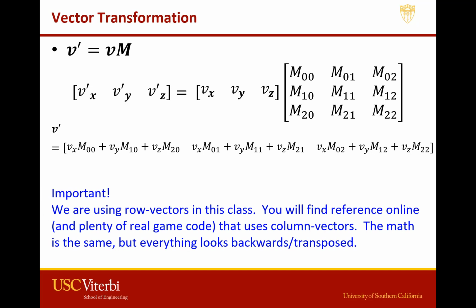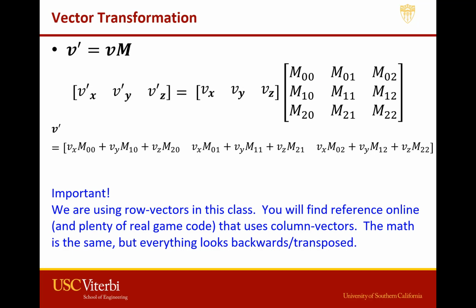Now, I am writing out the vector as a row matrix. It's a row vector. And when you go online or you take other classes, you look in books, you've got about a 50-50 chance of whether you're going to see a row vector, or sometimes a column vector. A column vector would go down instead. Now you can't multiply a column vector times a matrix in this order.